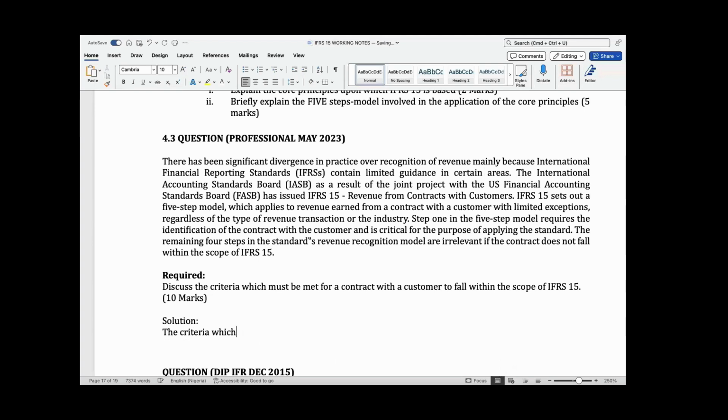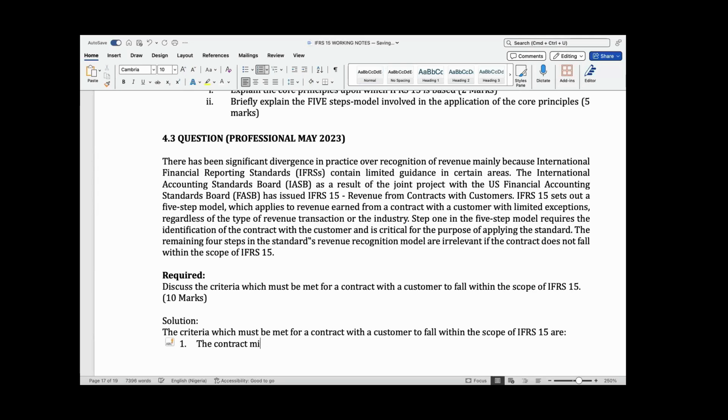So the criteria which must be met for a contract with a customer to fall within the scope of IFRS 15 are: number one, the contract must be approved by the parties, and they must be committed to the terms of the contract.